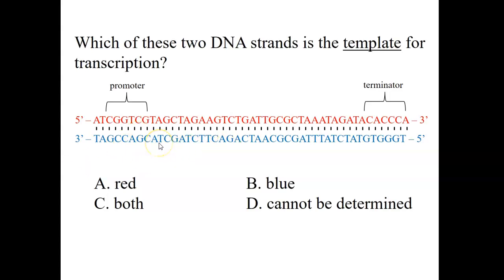So if it's going to form a new strand in the 5' to 3' direction, it means we need to be working off of the complementary strand, which is going to be in the 3' to 5' direction. So this is going to be our template strand. The blue strand will be transcribing RNA in the 5' to 3'. And what is that new RNA strand going to look like? It's going to look like the red strand, the coding strand.